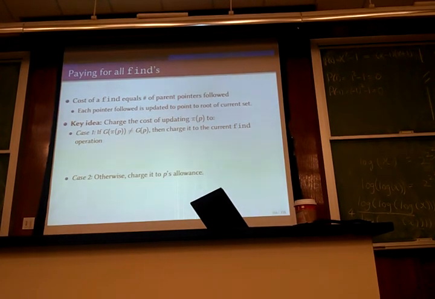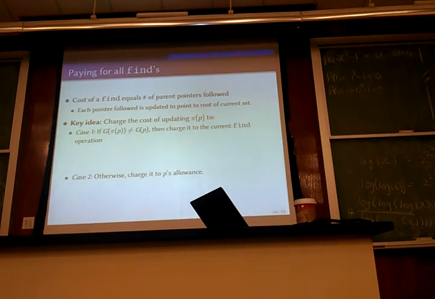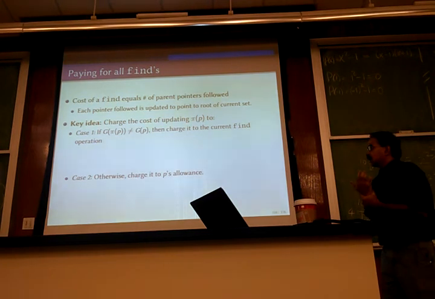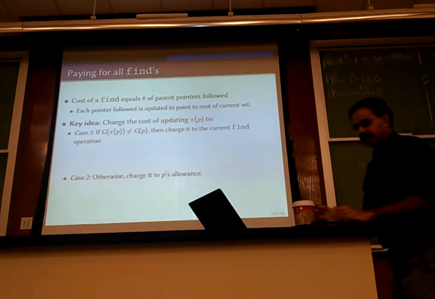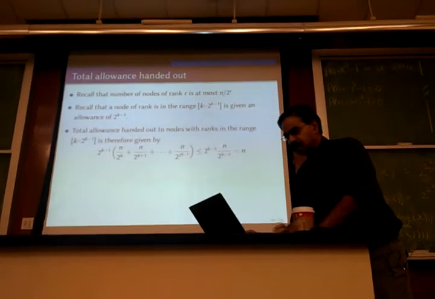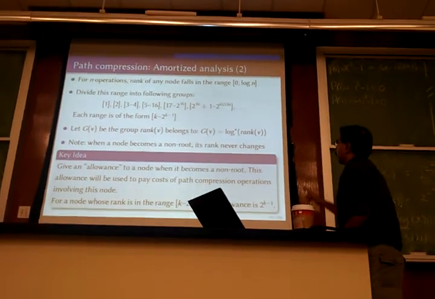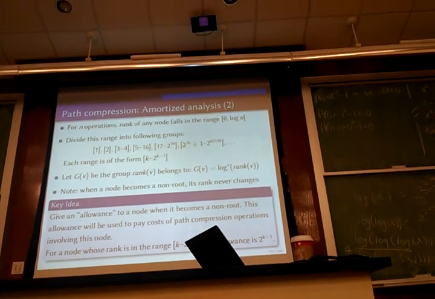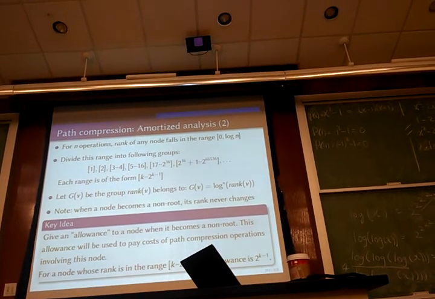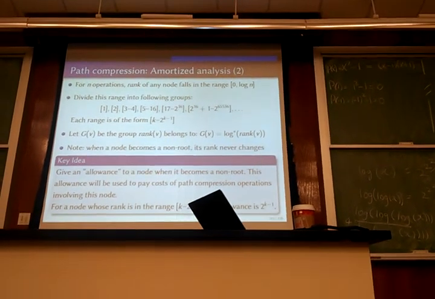Okay? So now, basically what we're going to do is charge the cost of updating the parent pointer in two different ways. Okay? Case one is your parent has a different G value from yourself. Again, remember G value tells you which of these groups you belong to. So if, let's say, your rank is 16, then your parent's rank will be 17.